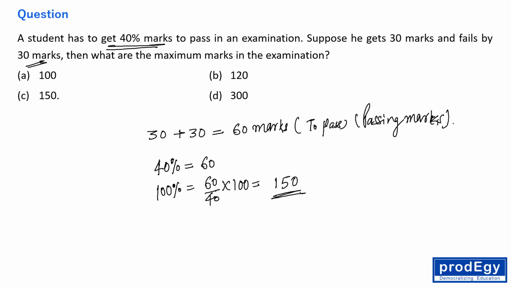So 100% marks or maximum marks are 150 in the question, right everyone? The maximum marks are 150 in the question paper or in the examination, right? Okay everyone, the answer is the maximum marks of the question paper is 150. Clear? It's a very simple question actually, friends. Fine. Okay, come to the next question.